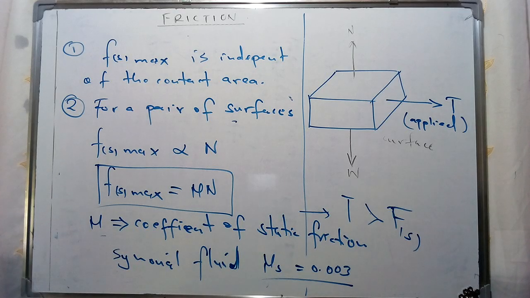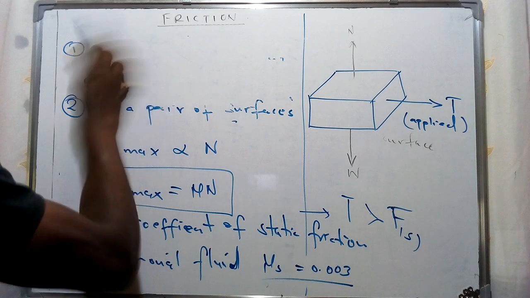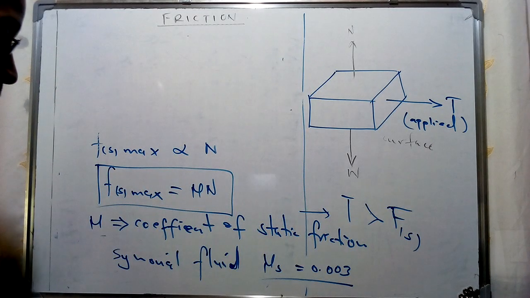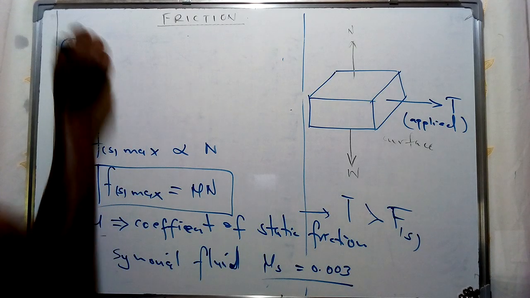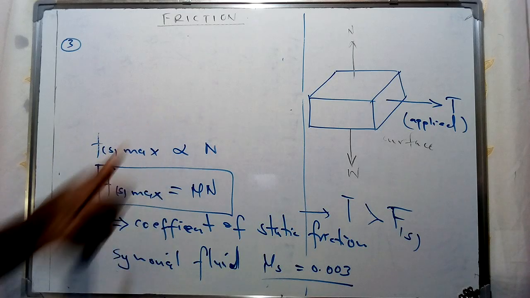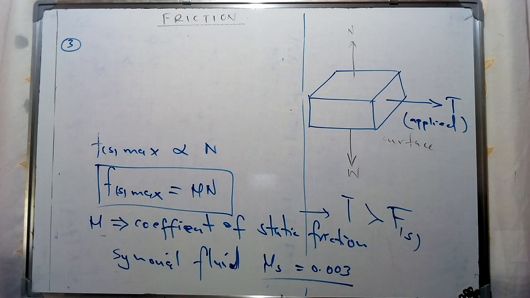So in this case, we can look at another property of maximum static friction, which is property number 3. For this object to move, the forces which are going to be constant are relatively smaller than the forces required to start this motion.